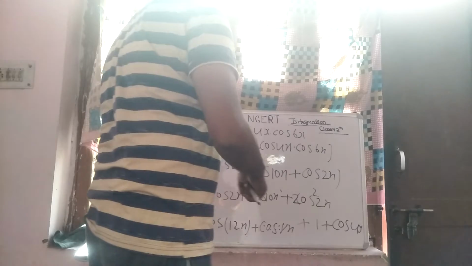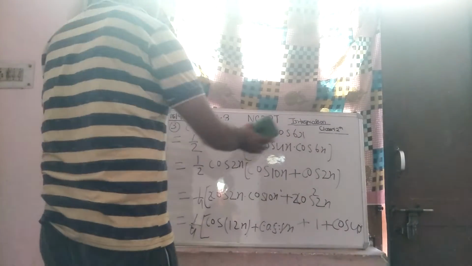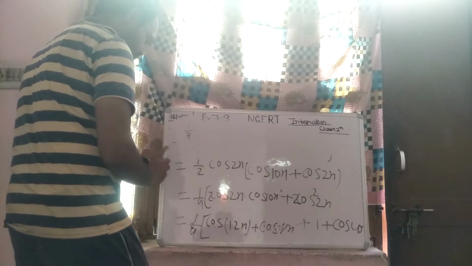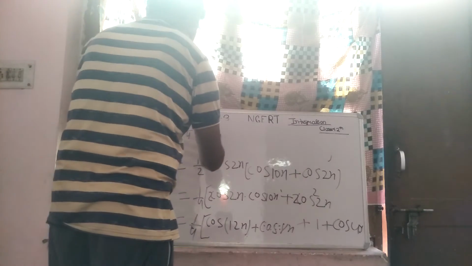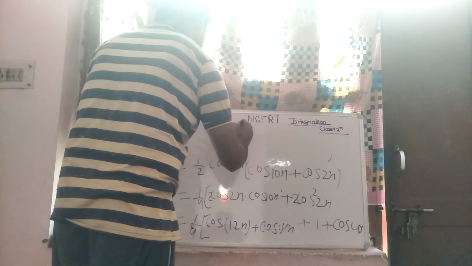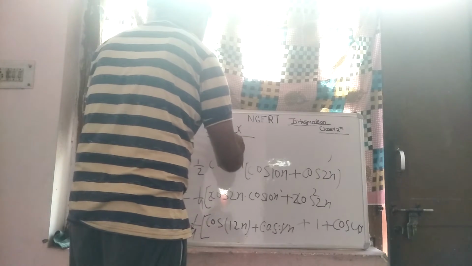There is also a formula for this. We have two terms: 1 plus cos 4x, because 2 means 2x. We continue. The integral of cos 12x is sin 12x upon 12.